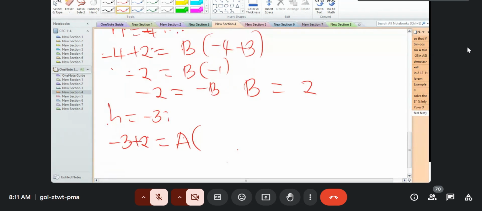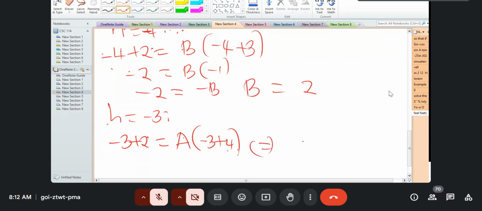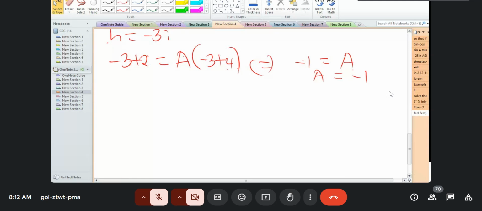A into -3 plus 4 simplifies to -3 plus 2 is -1 equals A. In other words, A equals -1. We don't have to use the other method because you know it, but whichever method you use, you should be able to get A is -1 and B is +2.